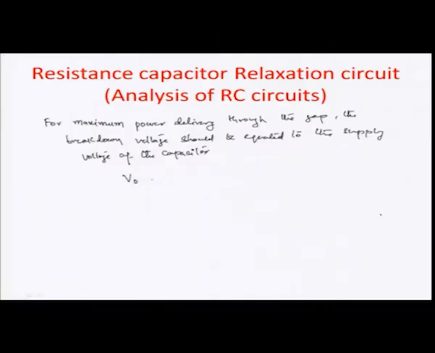In other words, VB, I'm sorry, the breakdown voltage VB is equal to 0.72 VO, 72% of the operating voltage.